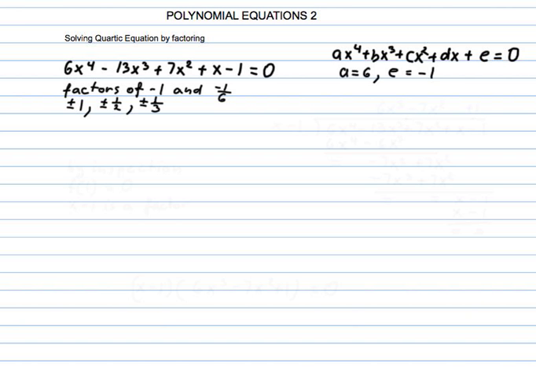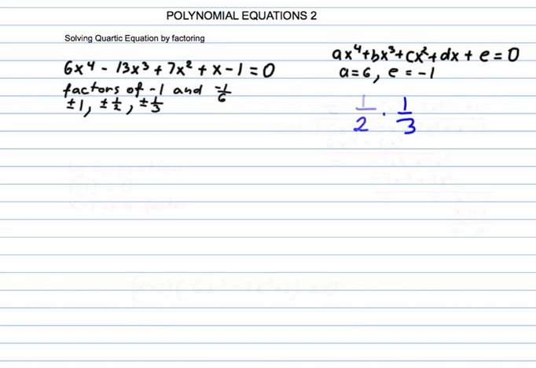The list now is -1 and +1, and -1/2, -1/3, and +1/2, +1/3. Why? Because the fraction 1/6 is equal to 1/2 times 1/3. So this is why those are the possibilities.